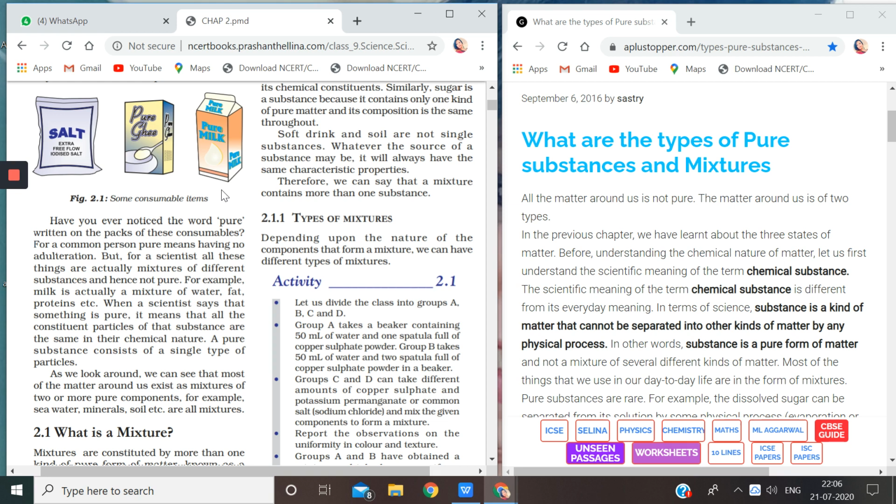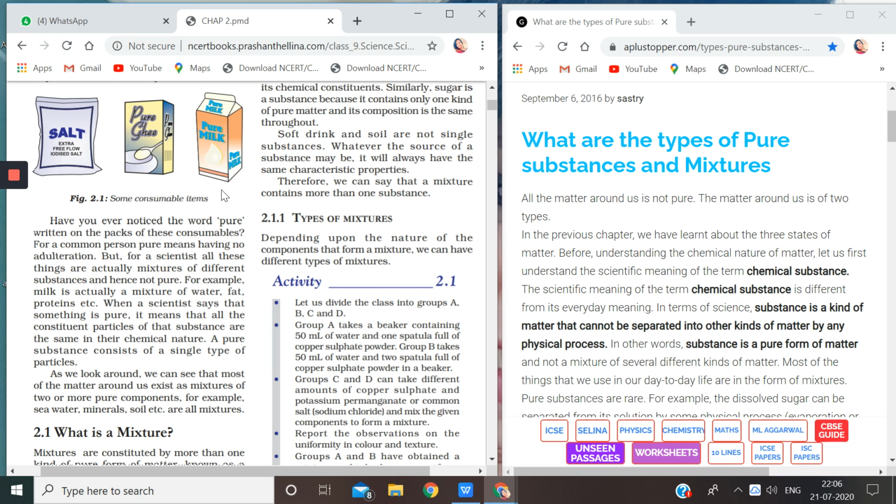The answer is no, it is not a pure substance. Why? Because lemonade is a mixture of water, sugar, lemon juice, and sometimes salt also. So it does not contain only one type of particle or one type of matter. It is a mixture of various types of particles. So lemonade is not a pure substance.